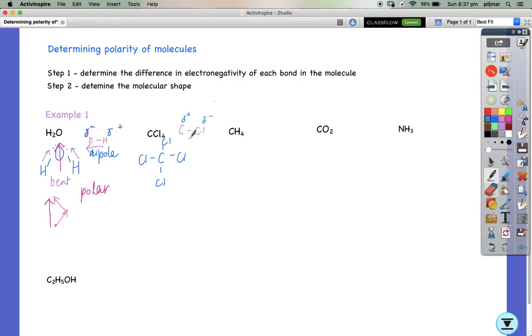So the chlorine is the atom that is attracting the electrons towards itself. It is more electronegative, and it's always the more electronegative atom that draws electrons towards itself. The arrows are then going to face from the carbon out towards the chlorine atoms, and you can already start to see that these are going in opposite directions.